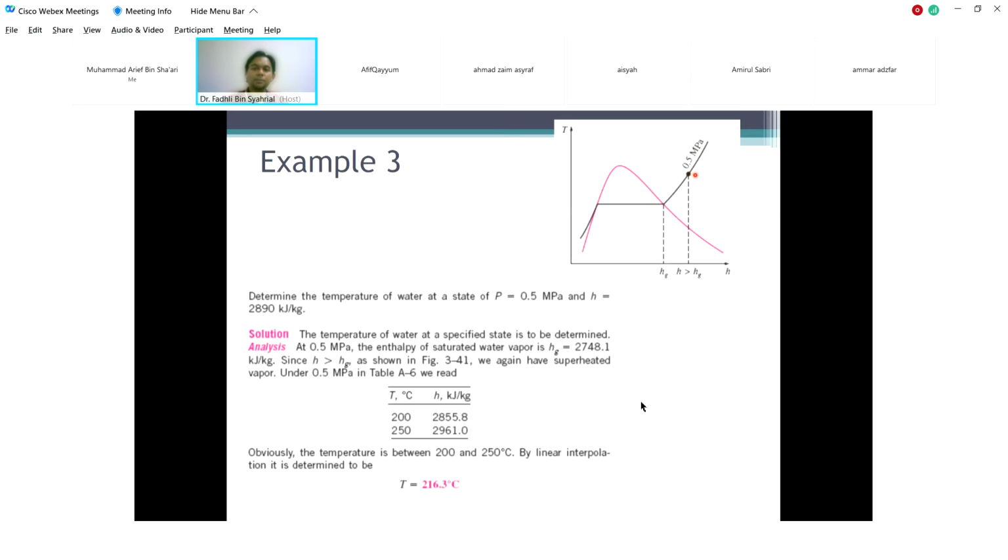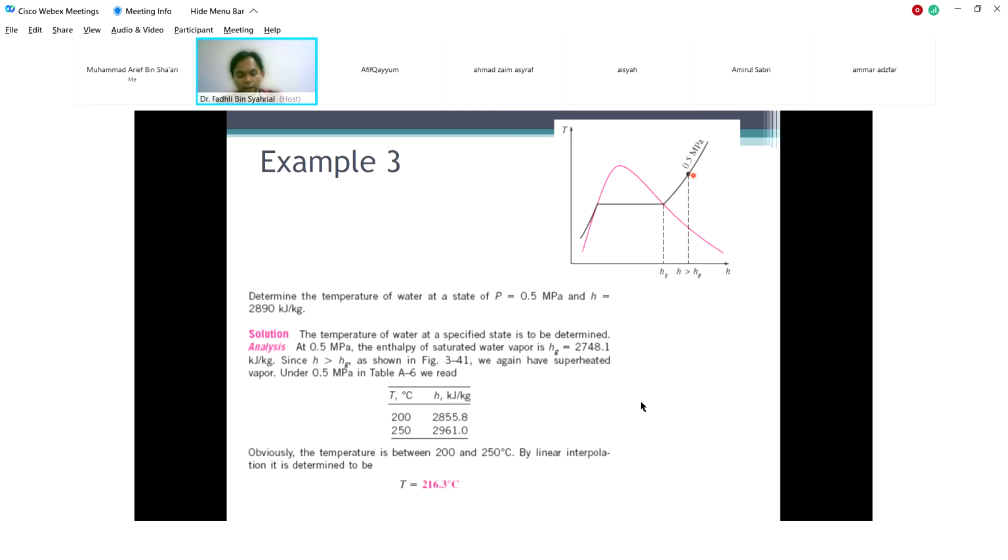In order to determine the temperature of water where the phase is superheated vapor, you have to look at table A6. As I explained in the previous slide, A6 is specifically for superheated vapor.